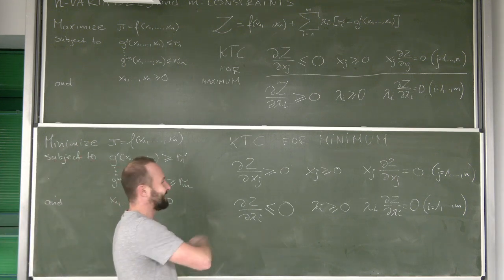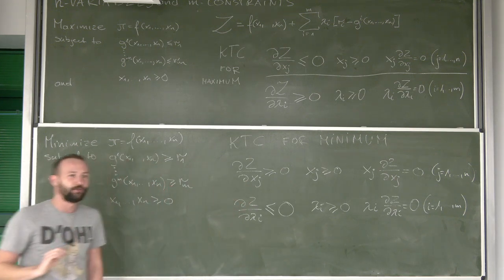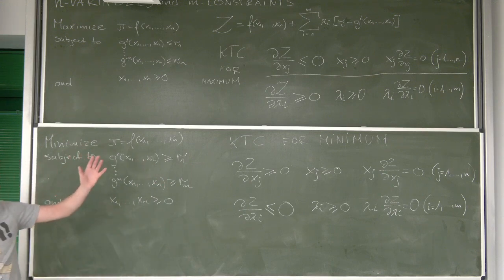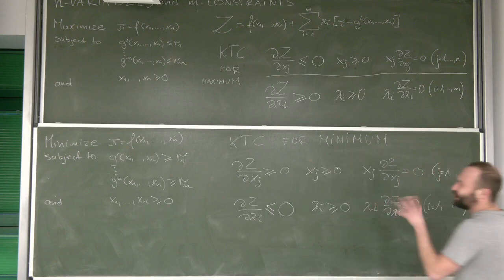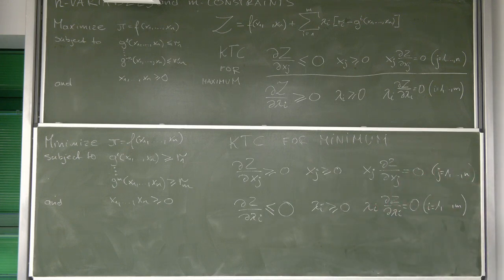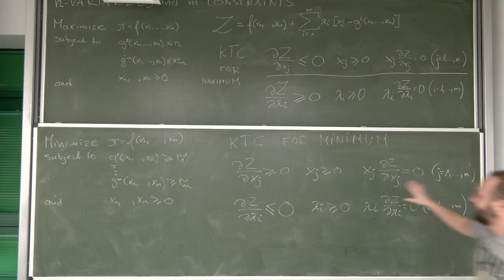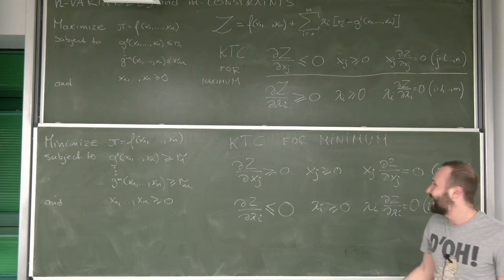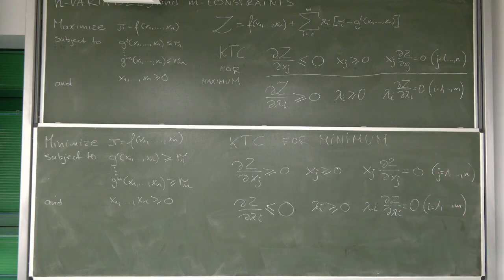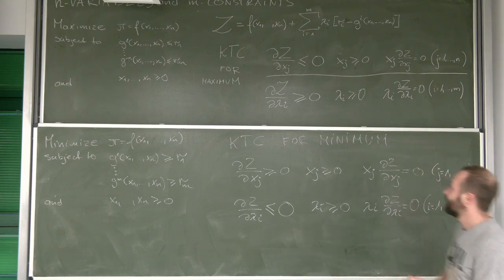We are not just setting derivatives equal to zero, creating a system of simultaneous equations and solving. Here we need to actually work a little bit more and be aware which restrictions hold, which restriction is not binding, and making sure, of course, that the results we are getting are not negative.